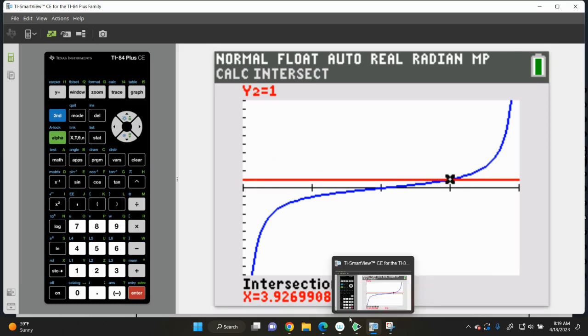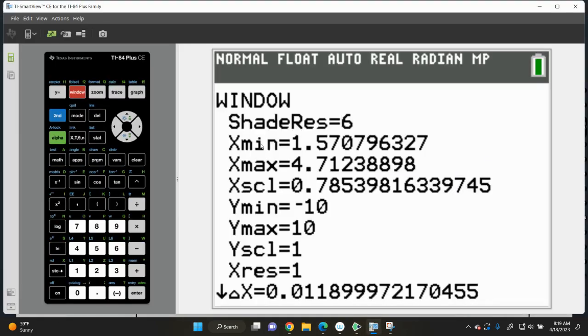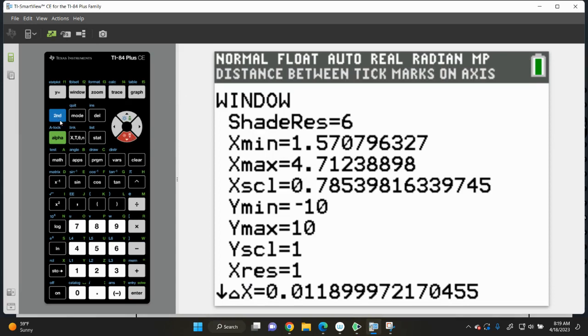So I solved it by hand. I came up with an answer of 5 pi over 4, right? So in order to see that when I'm graphing it, I set my scalar to pi over 4. That way I could count my marks to see if it was working. But be very careful.